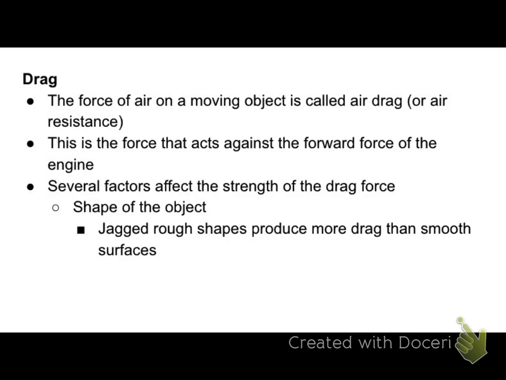And if you have two smooth surfaces, they don't catch on each other as much, and then you don't have as much friction. The same thing applies to air resistance. We can't really smooth the air, though, so we can only affect the air resistance by smoothing the object that the air hits.